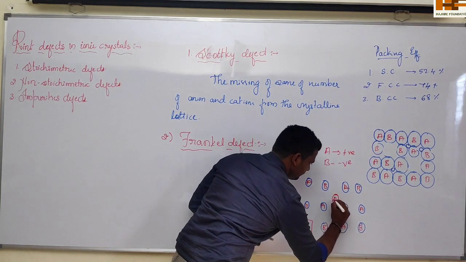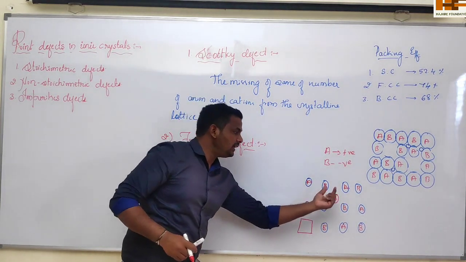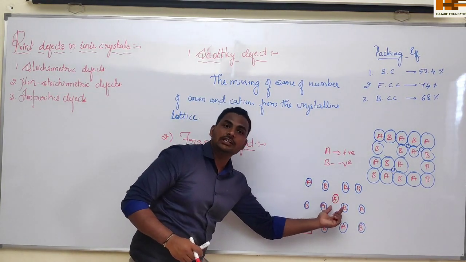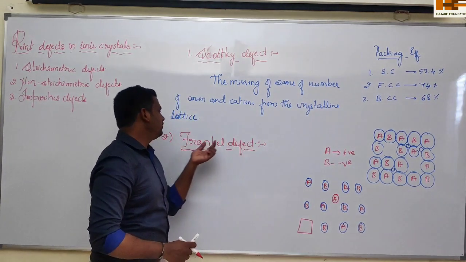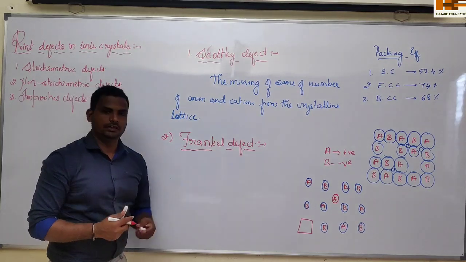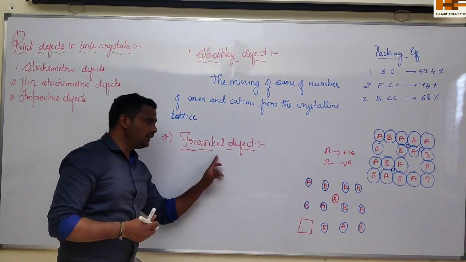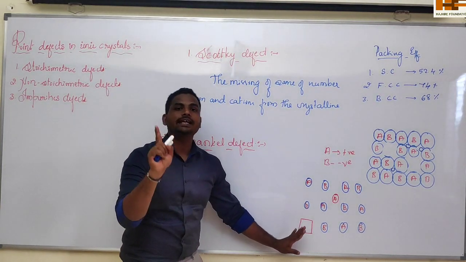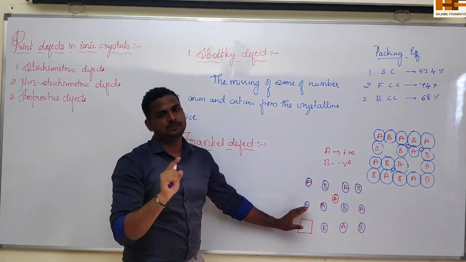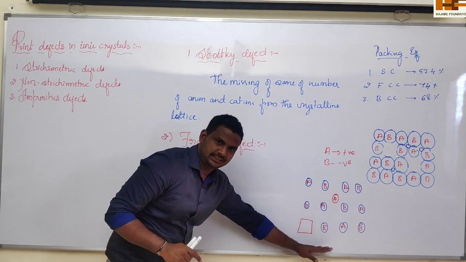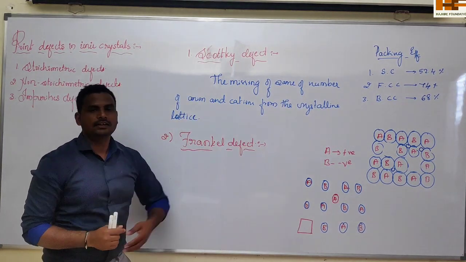So here it is A, somewhere in the interstitial space or the vacant space. This type of defect we call a Frenkel defect. The defect in which only the cation is missing and occupies the interstitial space in the lattice crystal is called the Frenkel defect.